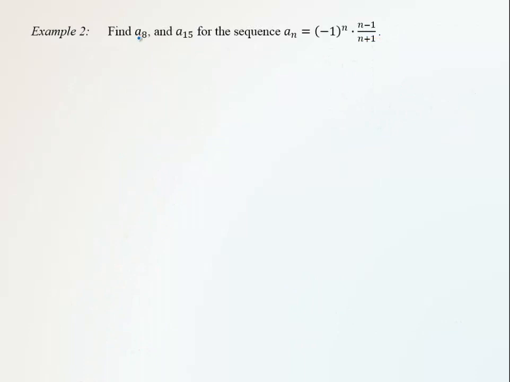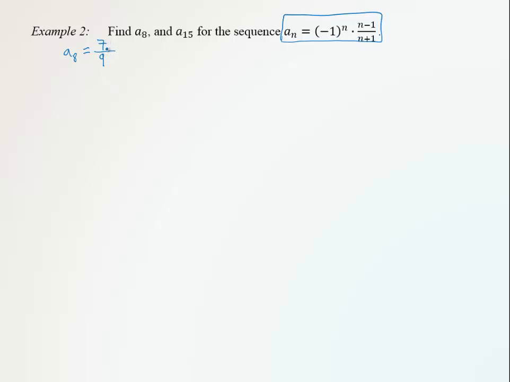In this exercise, we're asked to find particular terms A8 and A15 for the sequence given by this general term. So what we do is just plug in n equals 8, so A8 equals -1 to the 8, which is positive because we have an even exponent. 8 minus 1 is 7, and 8 plus 1 is 9.